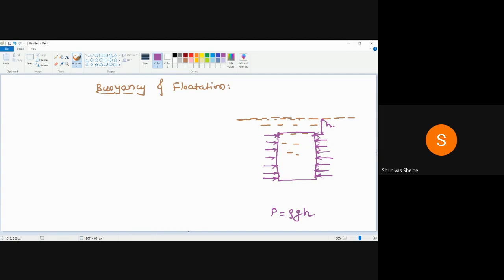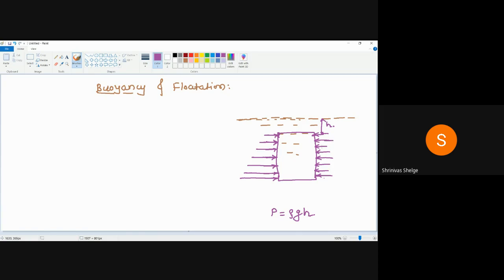When I move in the downward direction, the pressure force starts to increase. At this point more pressure force will act, here some more, at this point again some more, correct? The pressure force increases as we move downward because h increases. The same thing happens here also.